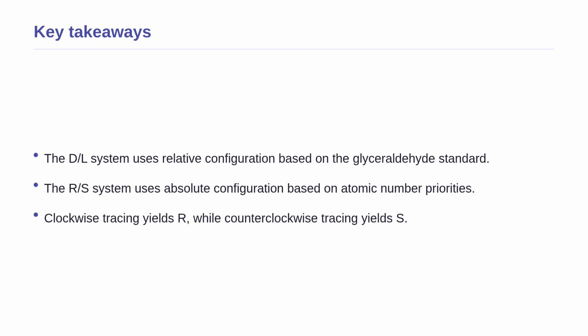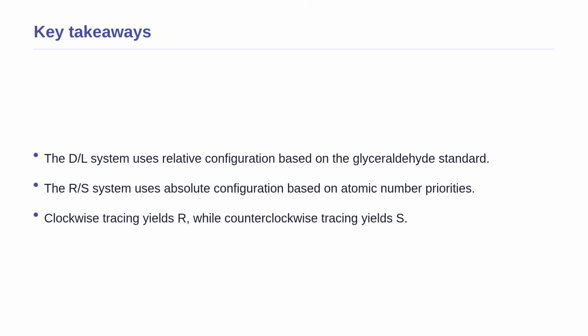We have covered a lot of ground today, so let us summarize the key takeaways. First, we learned about the D and L system, which is a relative naming method based on comparing molecules to a standard glyceraldehyde molecule. It is determined by the bottommost chiral center and is essential in biology.